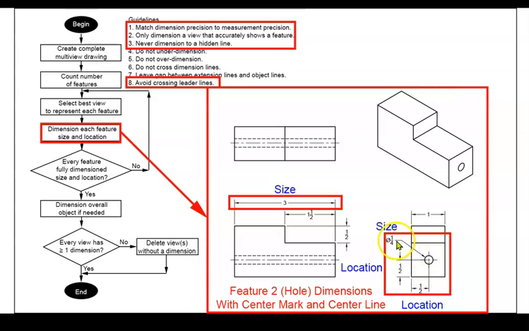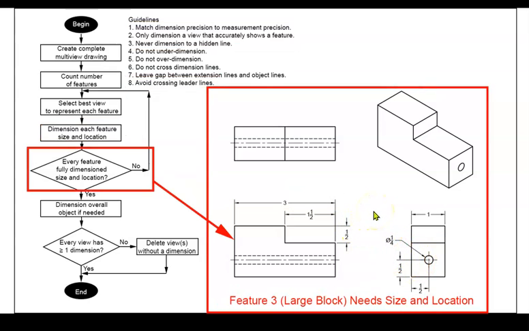We don't need a width or depth dimension because it's a circle, so the diameter represents both the width and the depth. So now we have this fully dimensioned, and we're going on to the next feature.